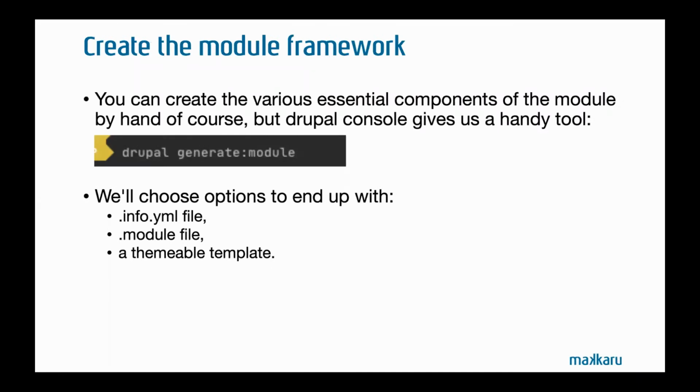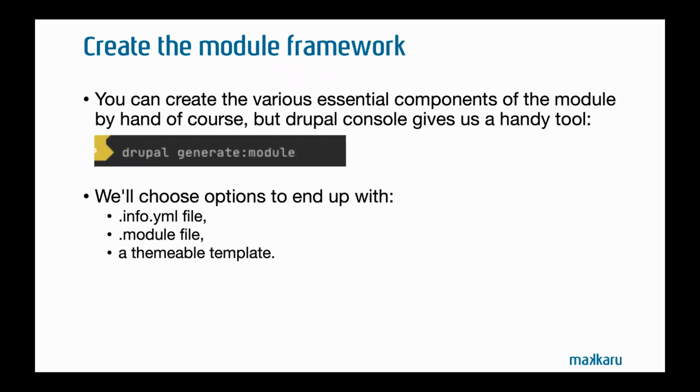So first things first, we obviously want our module framework. And if you're a Drupal Console user, you might know of the drupal generate command, in this case, drupal generate:module. It just gives you a little wizard to run through, answer a few questions, and we can choose our options to end up with, in this case, our info file, .module file, and a themable template.